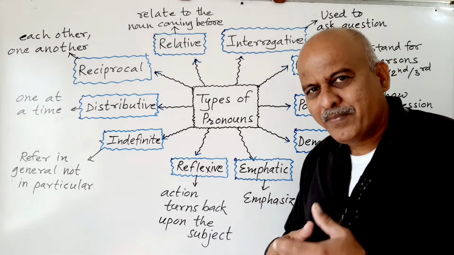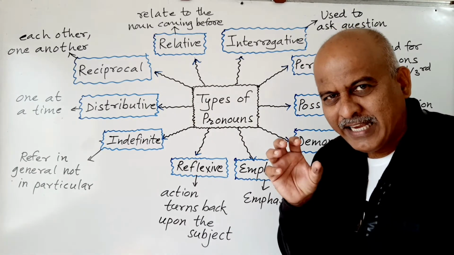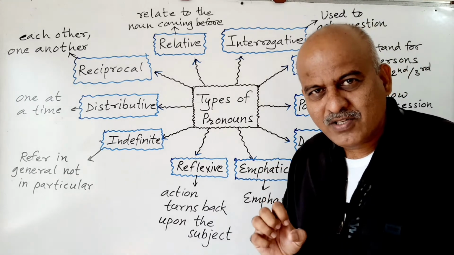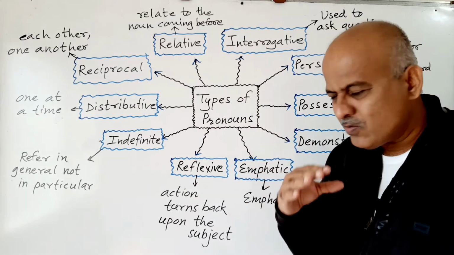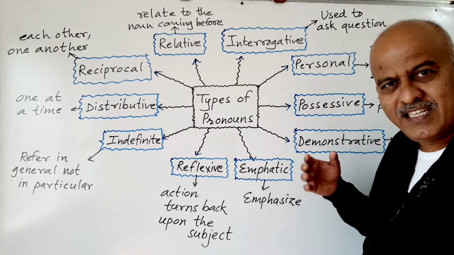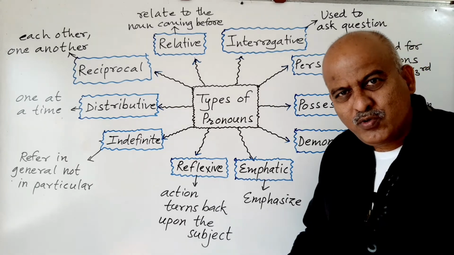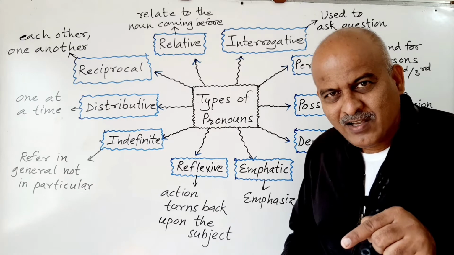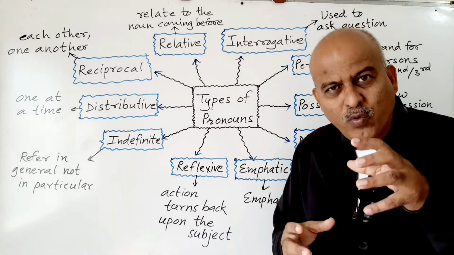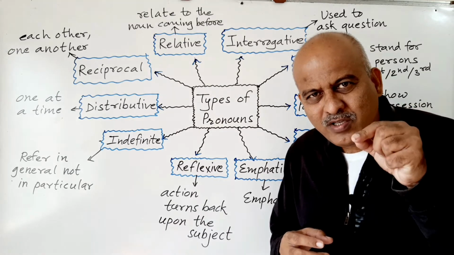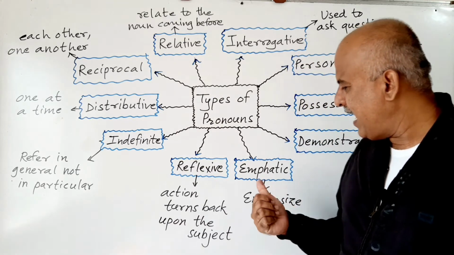If this happens, those pronouns, himself, herself, themselves, ourselves, myself, are the reflexive pronouns. If the same pronoun is used just to emphasize who did that action, that is an emphatic pronoun.